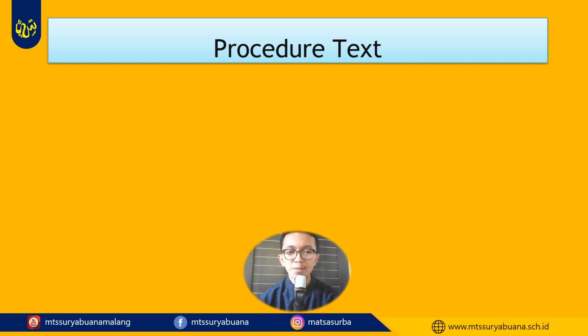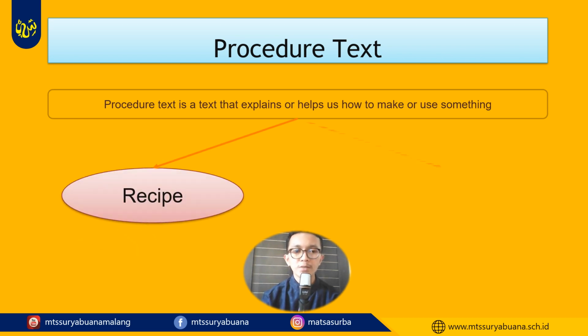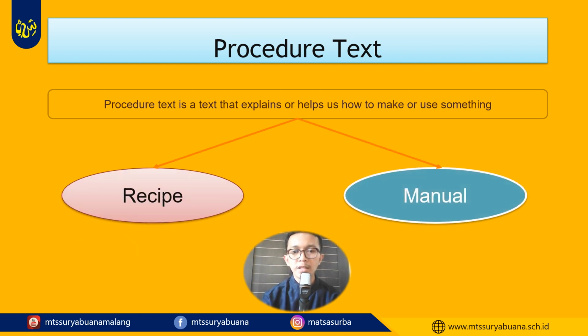Okay, students, about procedure text. Procedure text is a text that explains or helps us how to make or use something. As we know, we divide it into two. The first one is recipe, and the second one is manual. And what is recipe?